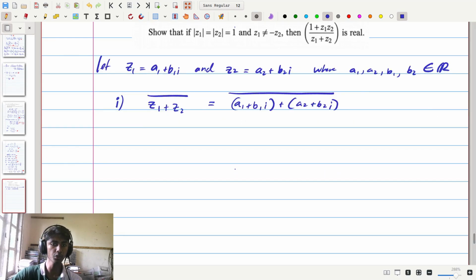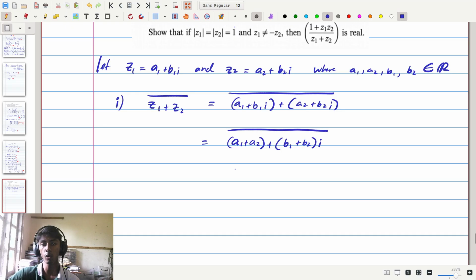Now with this, we can take the real parts A1 and A2 separately and the imaginary parts B1i and B2i separately. Doing so, we can write this as A1 plus A2 plus, and if we take B1i and B2i and factor out the i, we get B1 plus B2 times i, whole thing conjugated.